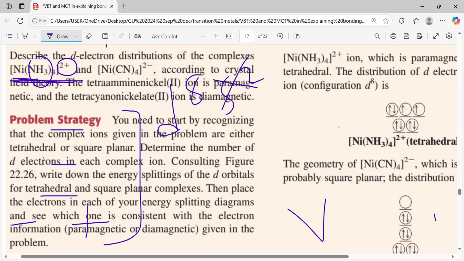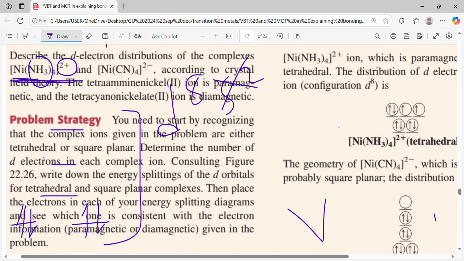So I'll do 1, 2, 3, 4. I'll put the lower ones first because remember going up means I have to start filling.